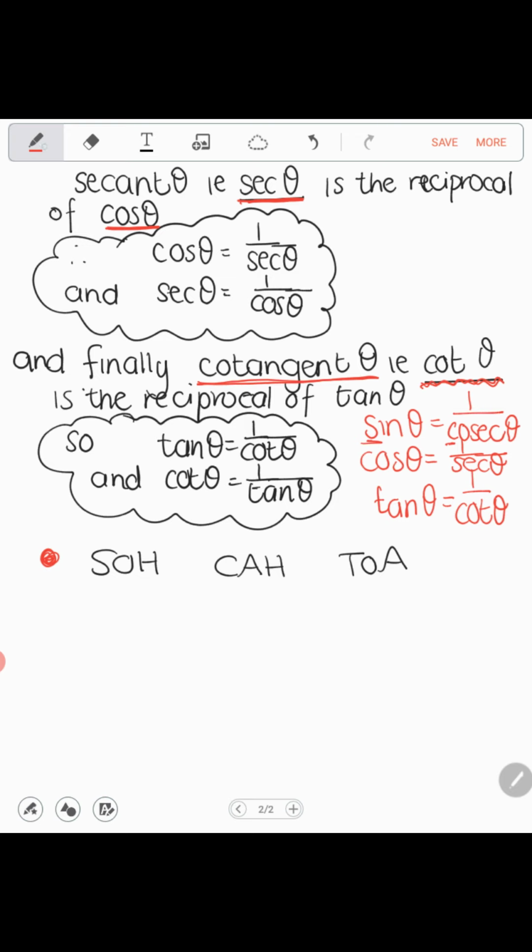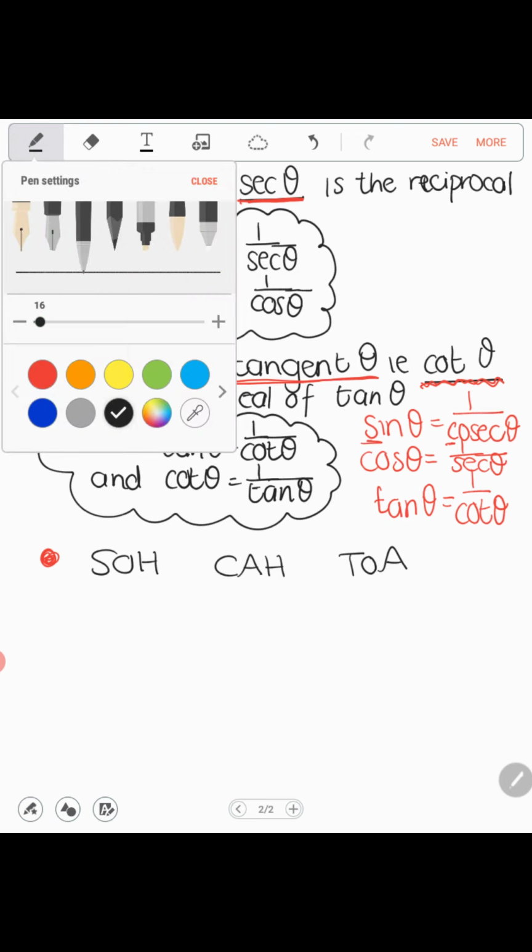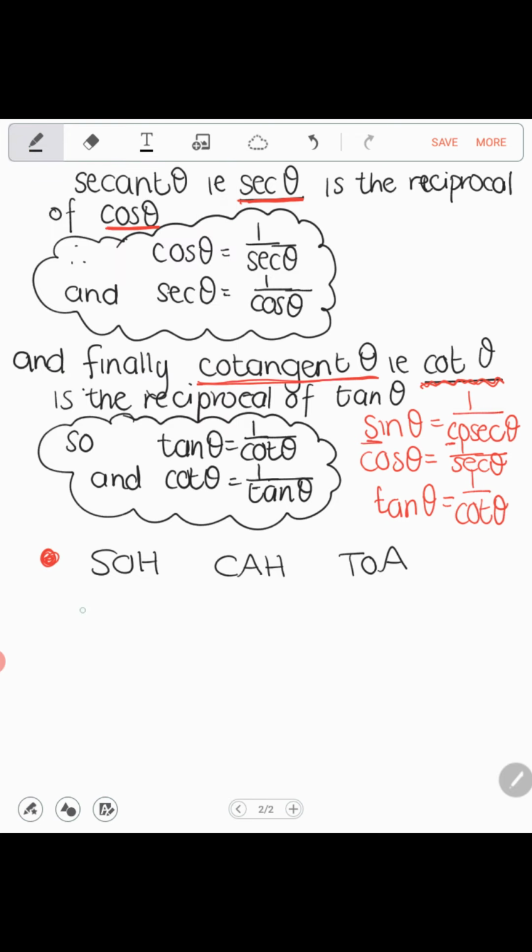Okay, so if I was looking at SOHCAHTOA again, sine is opposite over hypotenuse. That means that its reciprocal cosec would have to be hypotenuse over opposite. Because if you multiplied O over H times H over O, that would give you 1.